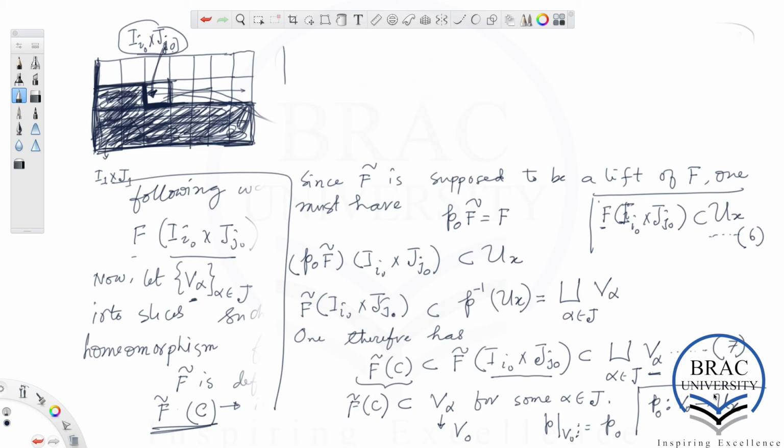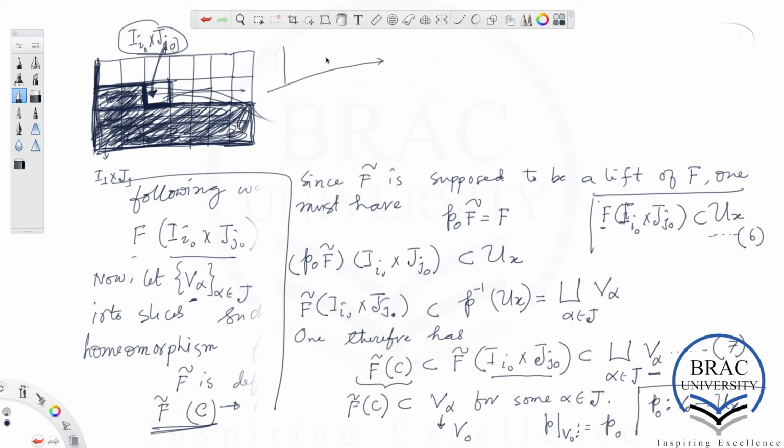Now it's time to define f tilde over the entire rectangle I sub I0 cross J sub J0. Well, let me draw a picture. What does f tilde do here?